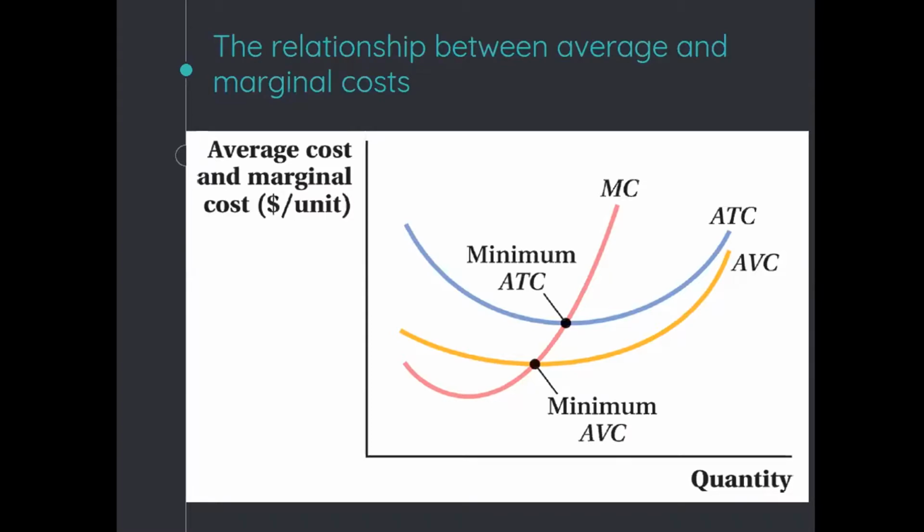And the minimum ATC point, where the marginal cost intersects the average total cost, is the break-even point of a firm. It's basically the minimum quantity on the x-axis where, as a firm, I am not losing money. I'm not getting any profit, I'm just breaking even. Those two things are really important to remember. At the minimum AVC, you are losing money.